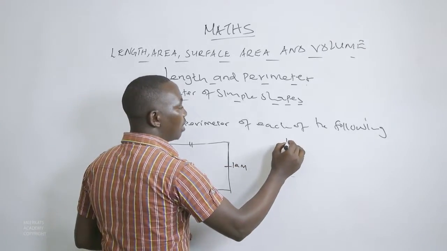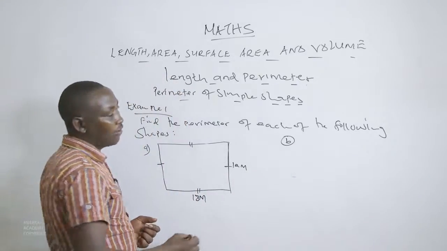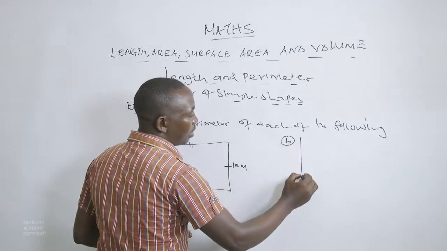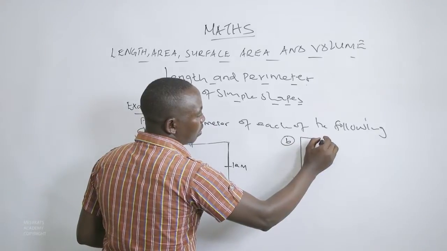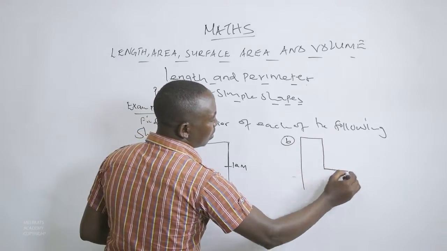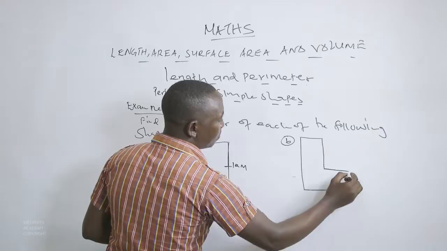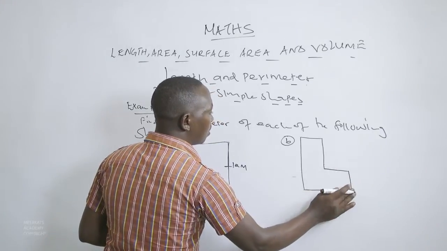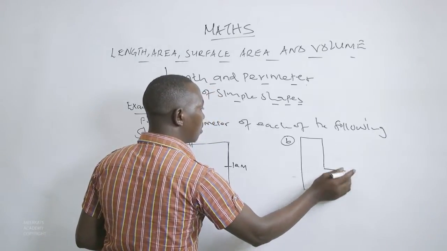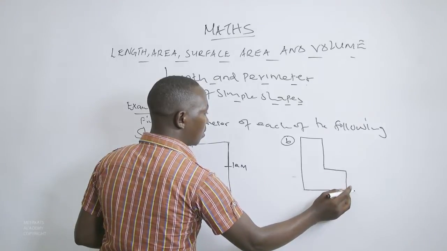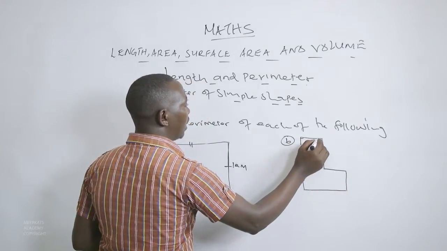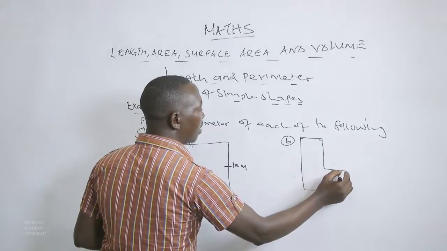Then part B, we have also a regular shape. All these angles are 90 degrees.